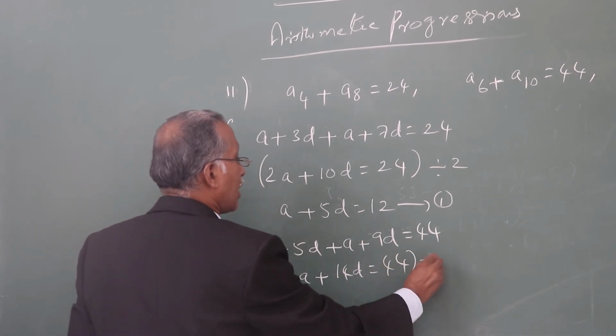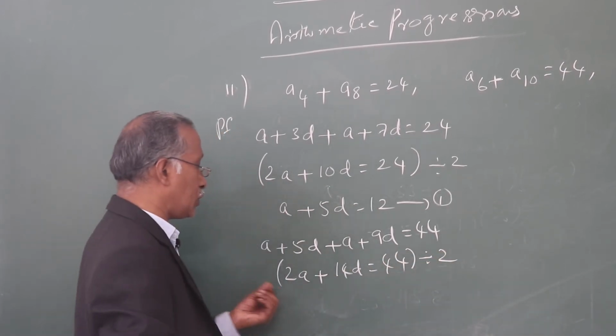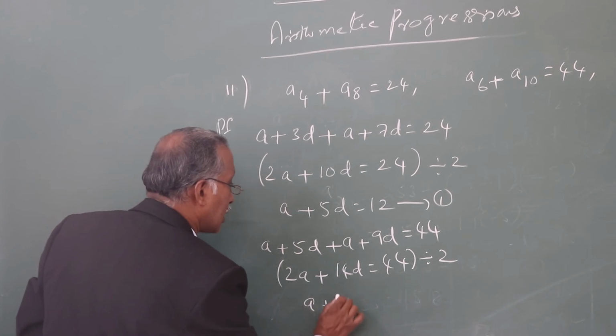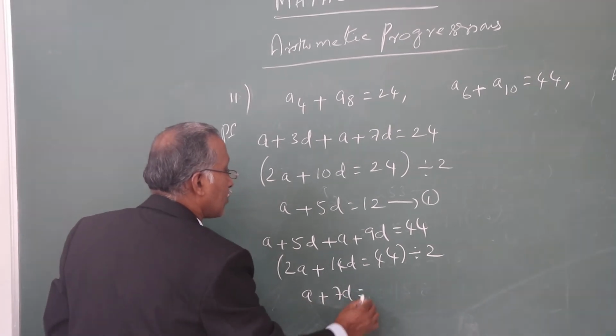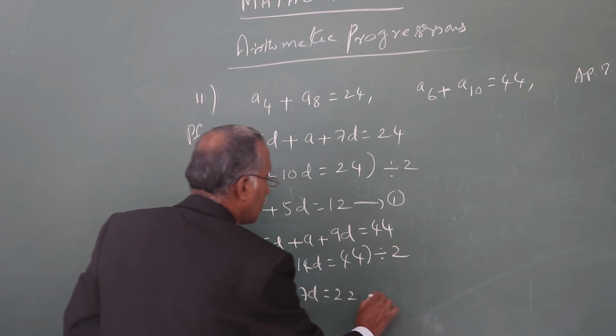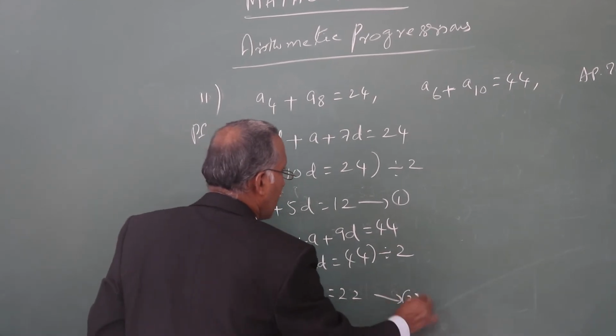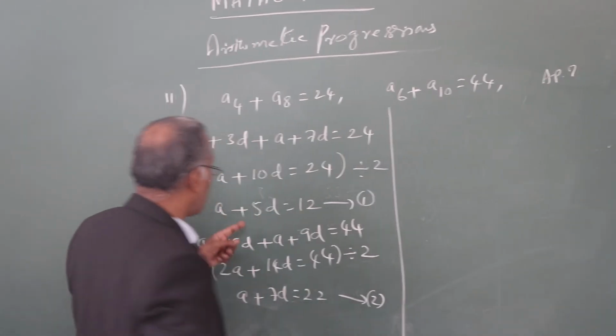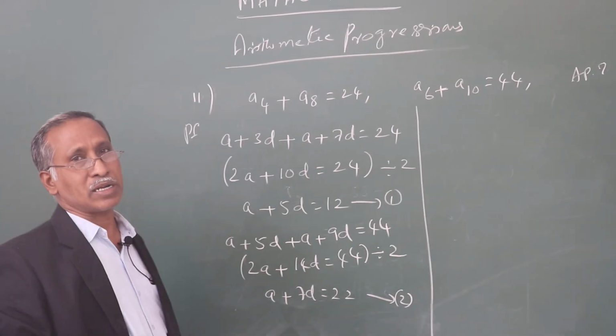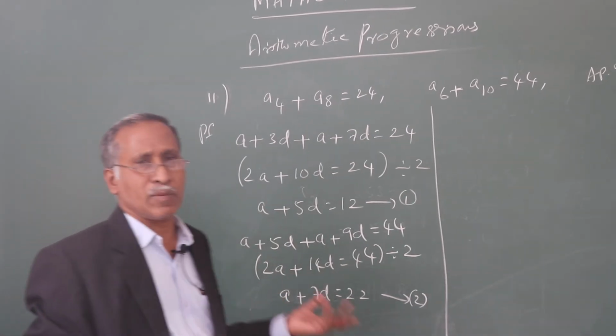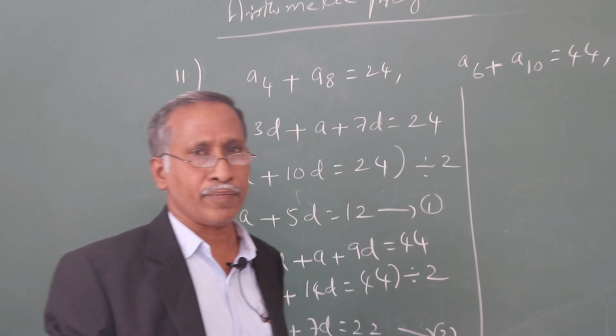Again, dividing this whole equation by 2, you get a plus 7d is equal to 22, equation 2. Fine. Let us solve these two simultaneous linear equations. There are three methods as we have discussed yesterday.